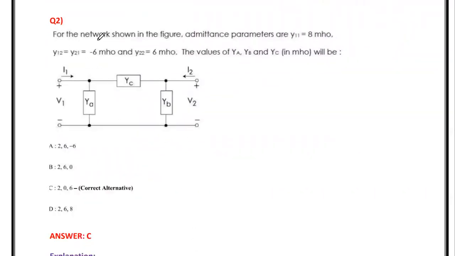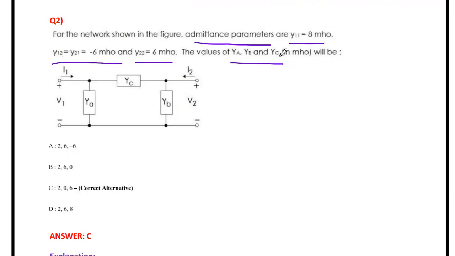Then the next question: for the network shown in the figure, the admittance parameters are Y11 is 8 mho, Y12 is minus 6 mho, Y22 is 6 mho. The values of YA, YB, YC will be what? If the admittance parameters are given for a two-port network, there are 4 admittance parameters, Y11, Y12, Y21, Y22.